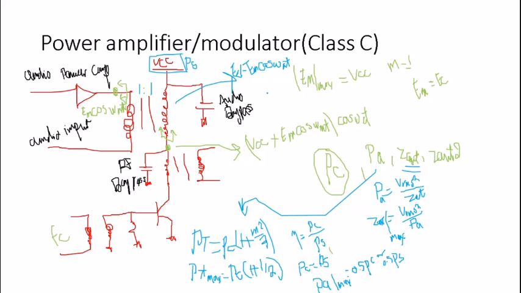And from what we were previously taught, the amplitude of the carrier equals VCC, and as previously mentioned, given that we're assuming maximum modulation index, EM maximum also equals VCC.